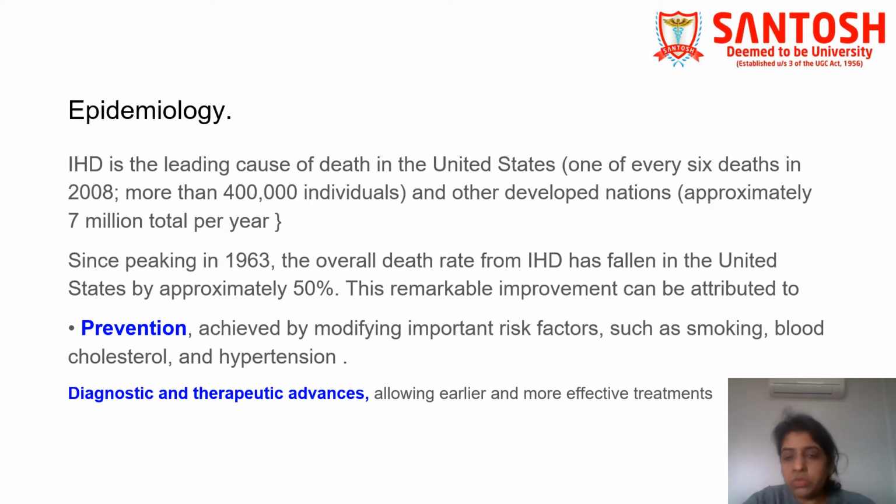This remarkable improvement can be attributed to preventive measures and improvement in diagnostic and therapeutic advances. Prevention is achieved by modifying the important risk factors such as smoking, blood cholesterol, and hypertension. And diagnostic and therapeutic advances have been made with more effective treatments now being available.